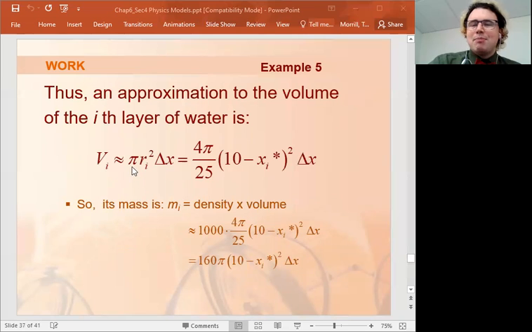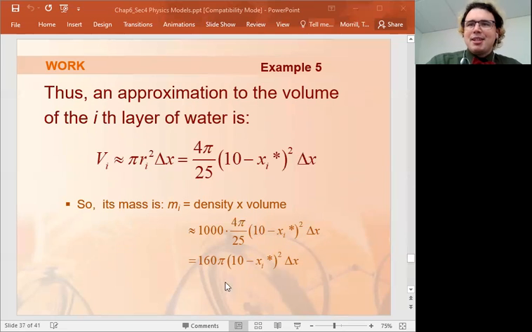which says that my volume should be pi times that radius squared times my delta x, and here is that expression written out. And I'm going to multiply it by the density to find its mass. Right? The density of water, they told us a couple slides ago, is 1,000 kilograms per meter.